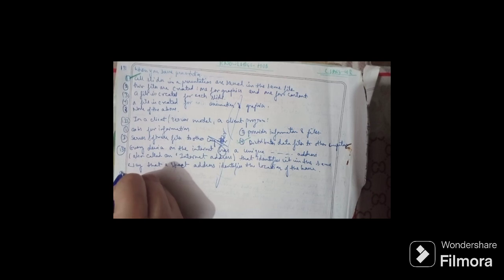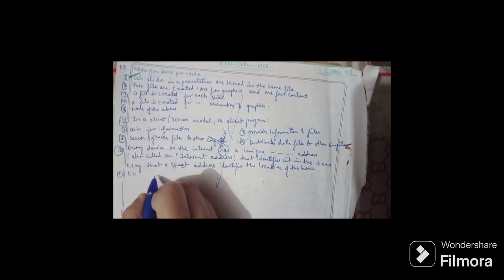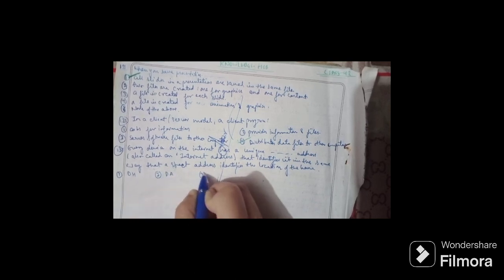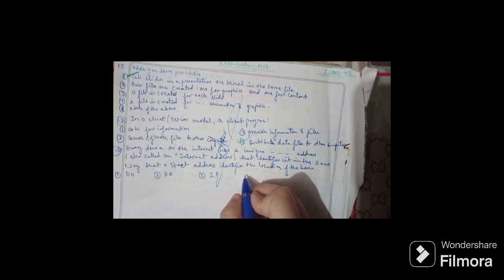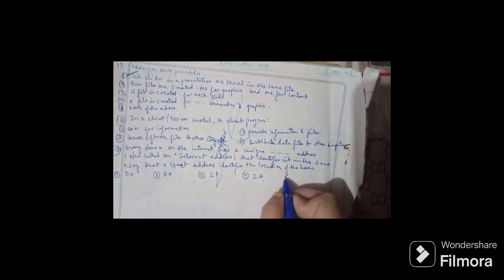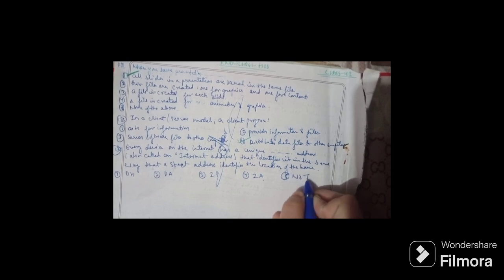The first is DH, second is DA, third is IP, fourth is IA, and the fifth is none of these.